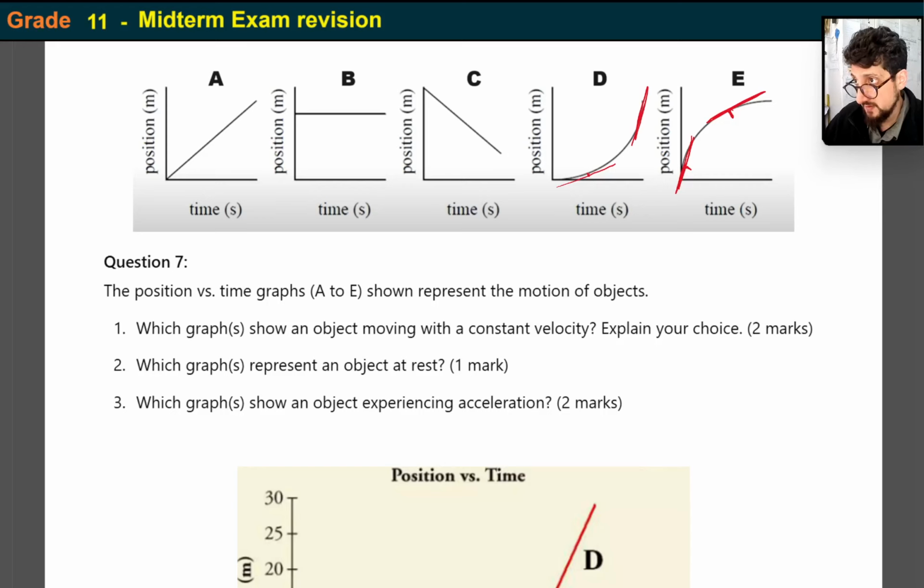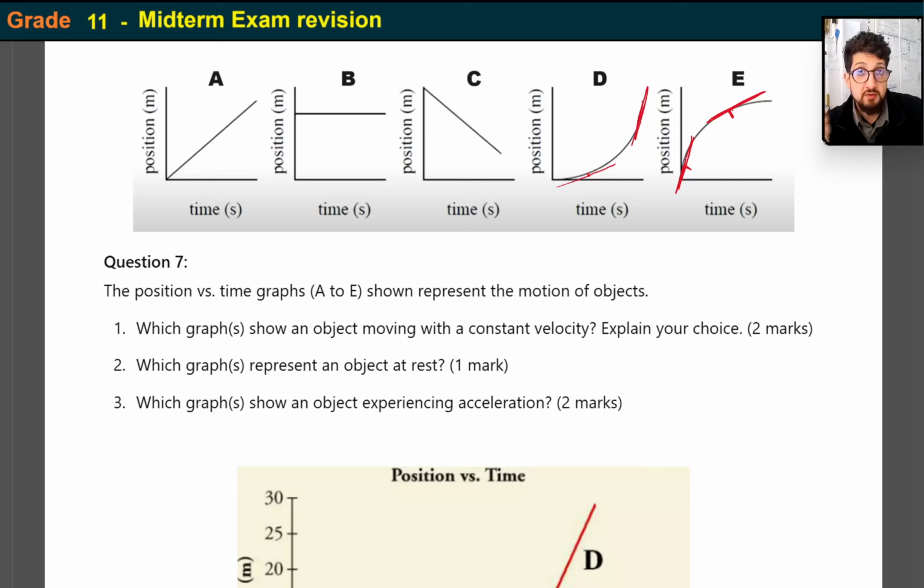Well, in this instance, we can say that graphs D and E both show acceleration, because acceleration is the change in speed. Now, some of you might be confused, like, oh, isn't that deceleration? Well, deceleration is a form of acceleration. Acceleration is either speeding up, slowing down, or changing directions, right? So all of these fall under the umbrella of acceleration.